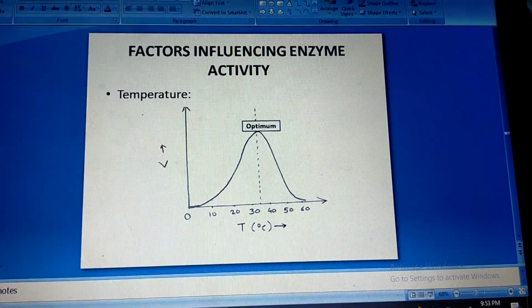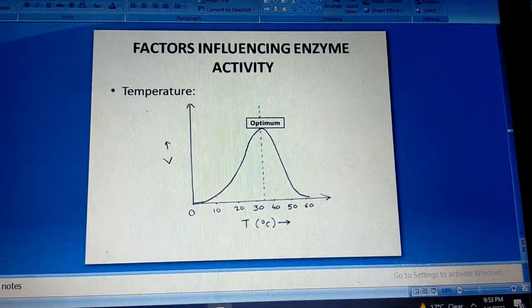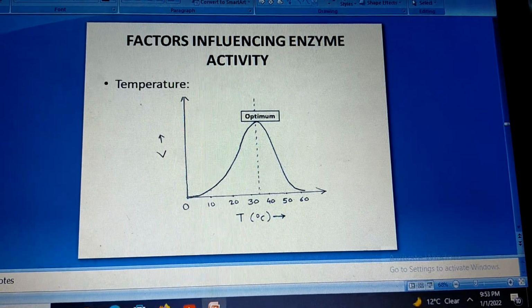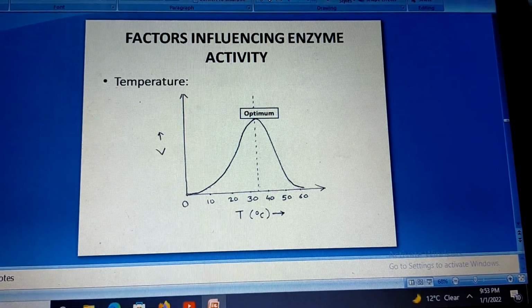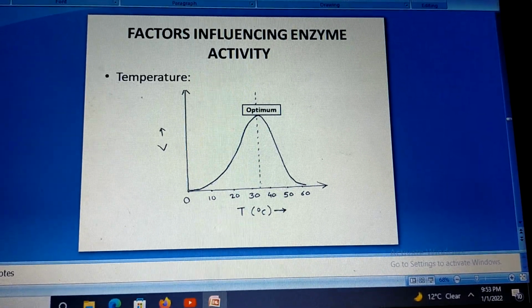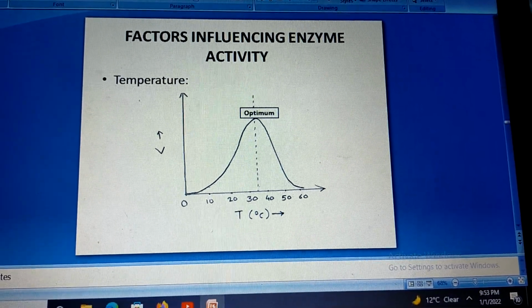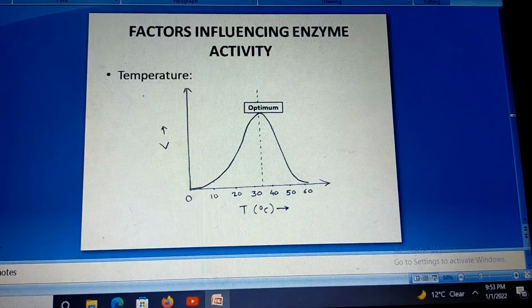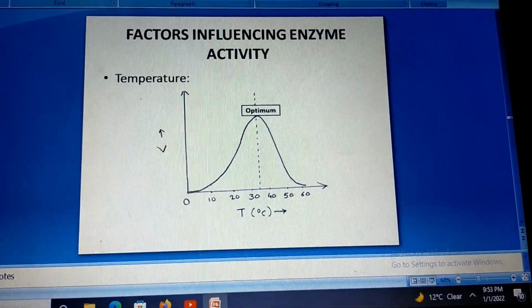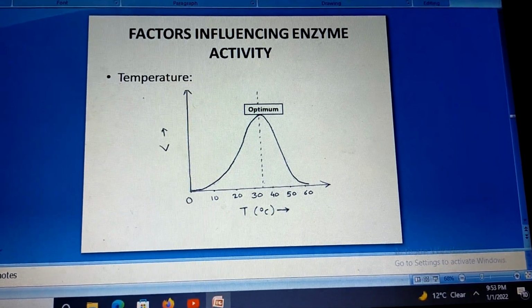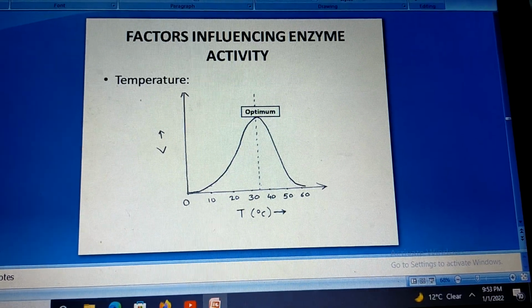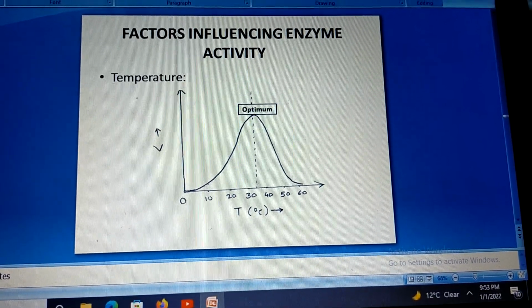But if we increase the temperature beyond the optimum temperature, then there is a fall in the velocity of the reaction. This is because if we increase temperature more and more, then denaturation of the enzyme takes place. And what is denaturation? That we have studied in the first slide of this chapter.